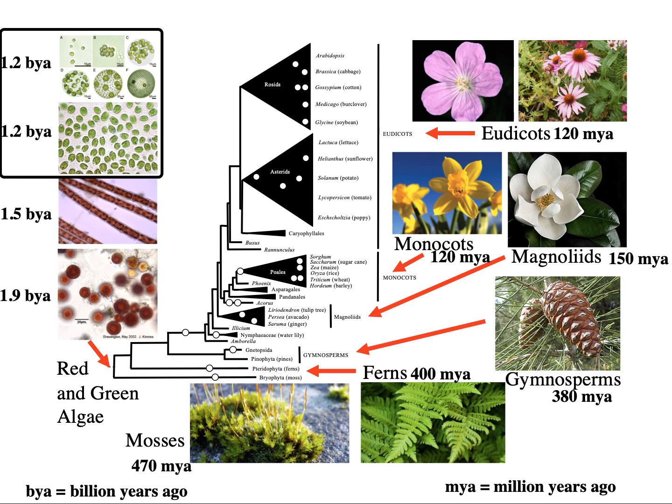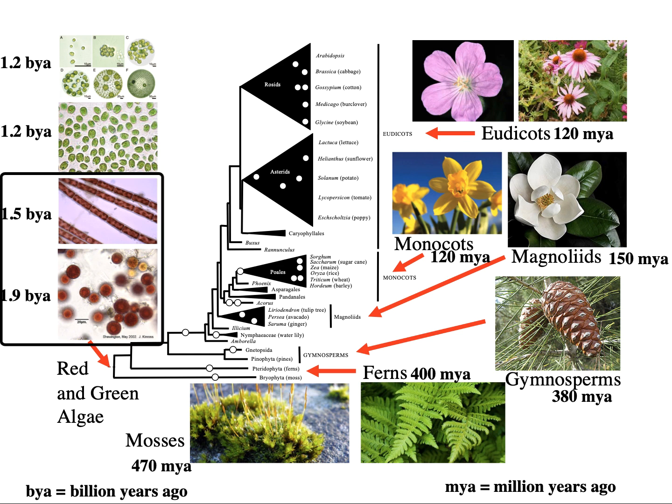Then the green algae, which eventually gave rise to the higher plants, appeared about 1.2 billion years ago, and the red algae about 1.5 to 1.9 billion years ago, including red algae and glaucophytes. So now we're back to about the 2 billion year old stage.